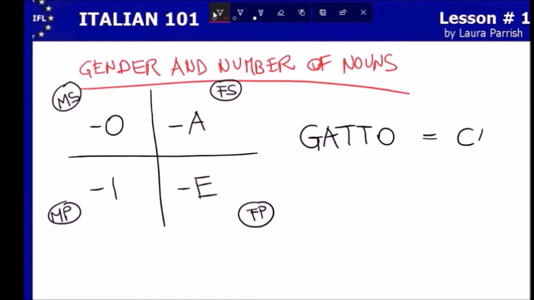This is the Italian correspondent of the English "cat." Now you go here and you see that this word ends with the letter O, so you go here. Here it is, letter O. That means that gatto is masculine singular.